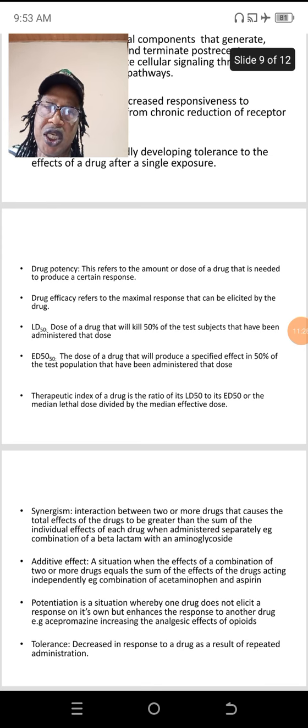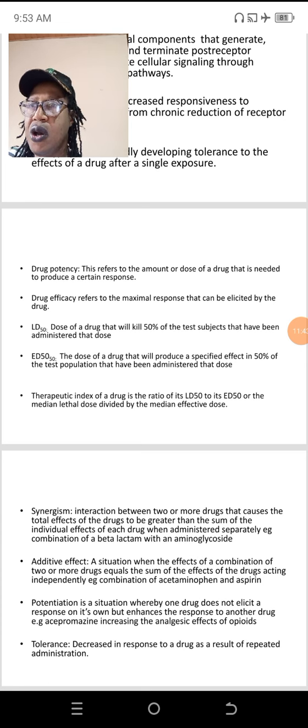Potentiation is a situation whereby one drug does not elicit a response on its own, but enhances the response of another drug, e.g., acepromazine increasing the analgesic effects of opioids. For tolerance, there is decreased response to a drug as a result of repeated administration.